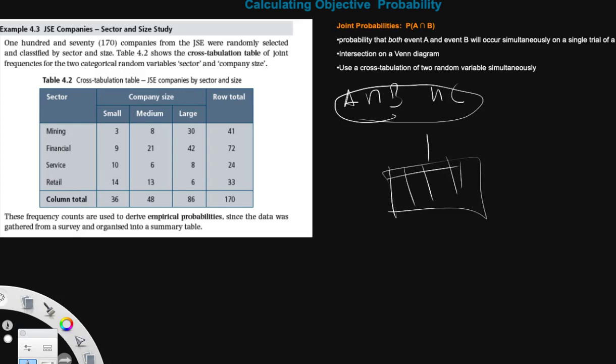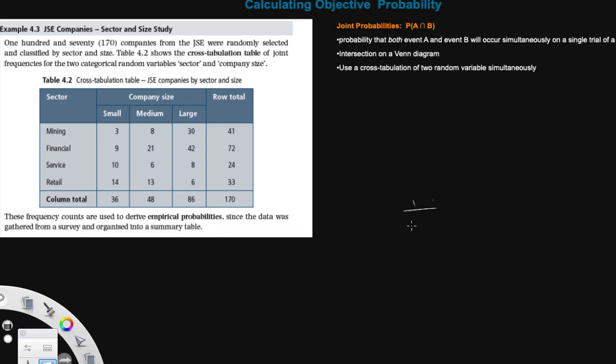One of the examples that we may choose from our same table here is, let's say, we ask what is the probability that a random company here will be medium sized and a financial company. So I'll just write probability here. We're looking for medium and financial. Medium and financial. So this is A and this is B.